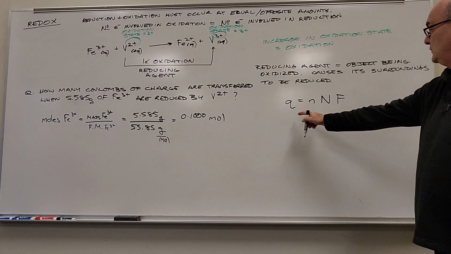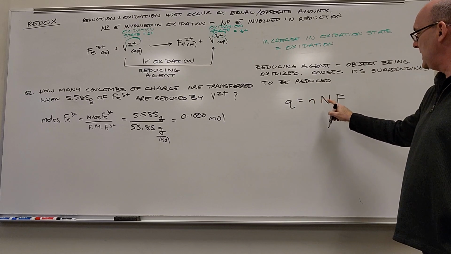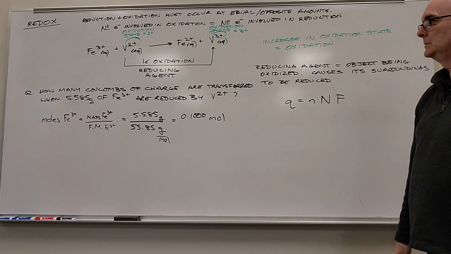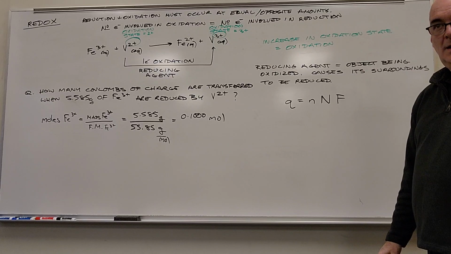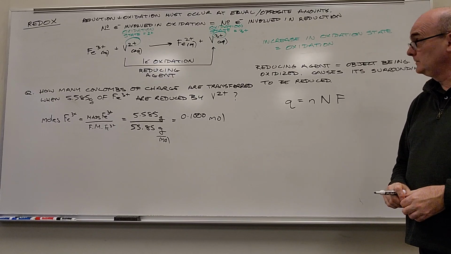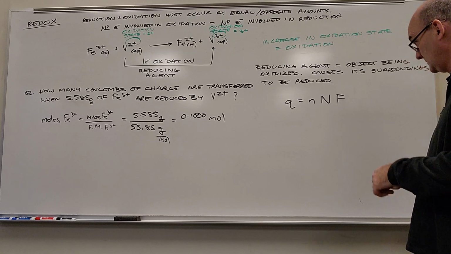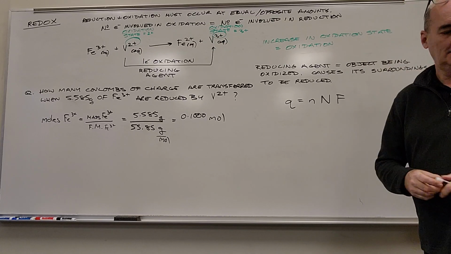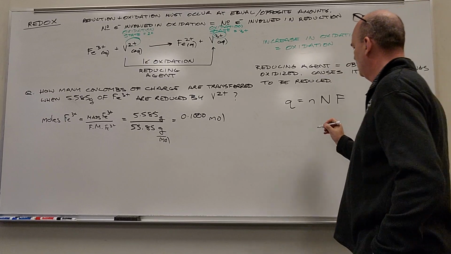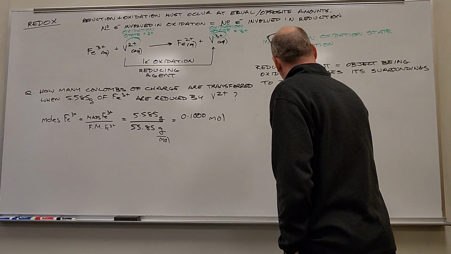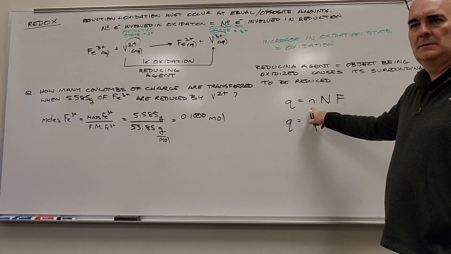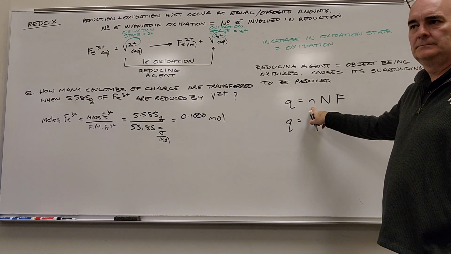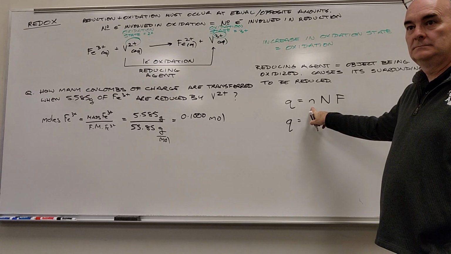All right, go ahead and use Q equals n F. Everything you need is on the board, or was. Q equals. What's this n? The charge 3. No, one. Which one are we looking at?